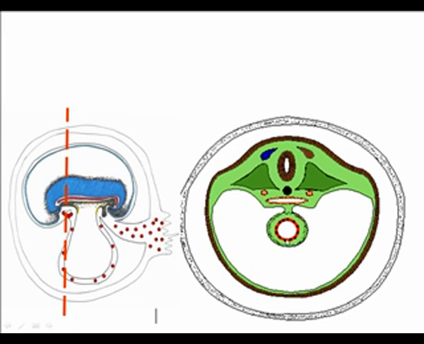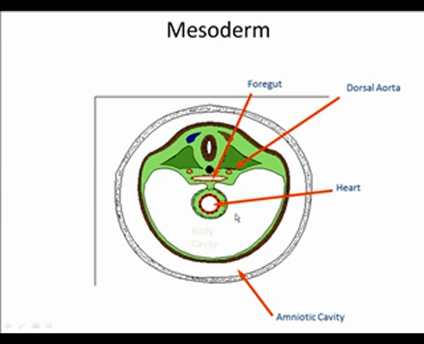So now we have a heart tube surrounded by a myocardial mantle lying in front of, or anterior to, the foregut and suspended by a dorsal mesentery, suspended into the body cavity. And that's what we see here, the foregut, the heart tube, and the body cavity.